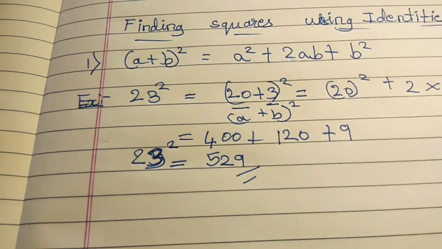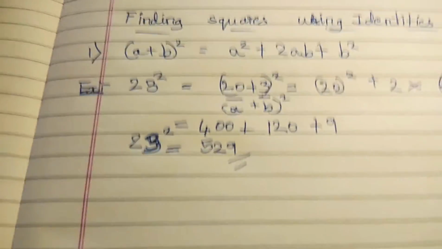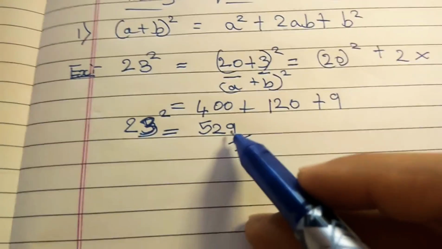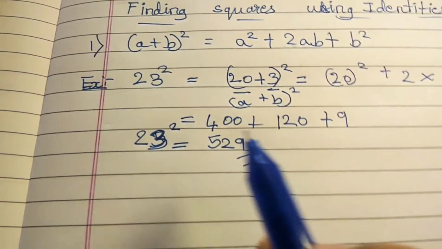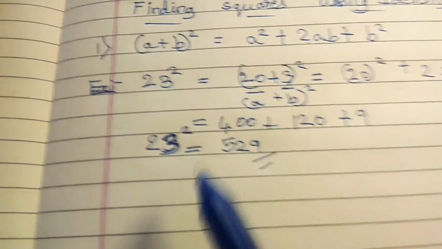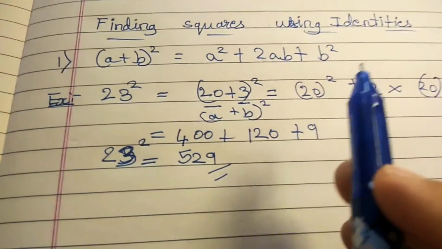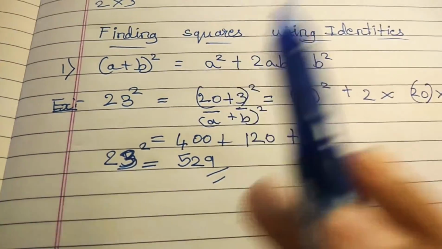So 529 is a perfect square. As I mentioned before, all square numbers end with 0, 1, 4, 5, 6 or 9. Here it is ending with 9, so it is a square number, right? So 23 square is 529. This is the finding squares using identities method.